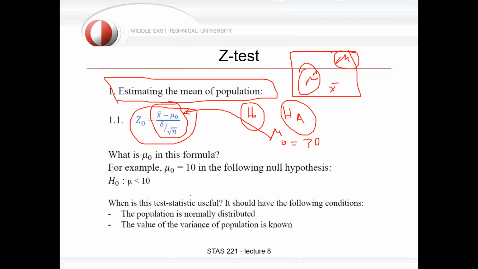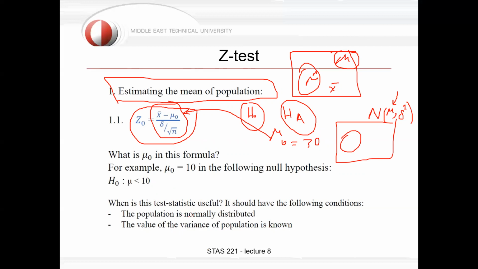And when is this test statistic useful? The population is normally distributed. Here I know that the population that I took the sample from is normally distributed. The value of the variance of the population is known. It means that I don't have information about mu because this is the one that we are trying to estimate, but I have information about the variance.